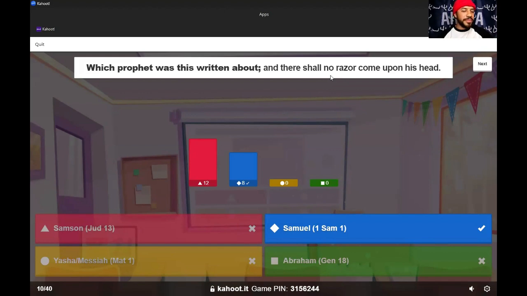Let's go to it. Don't be too quick to pick before you think. Let's go to that quote. 1 second. Let's see here. Right here. This is the full verse in 1 Samuel 1.